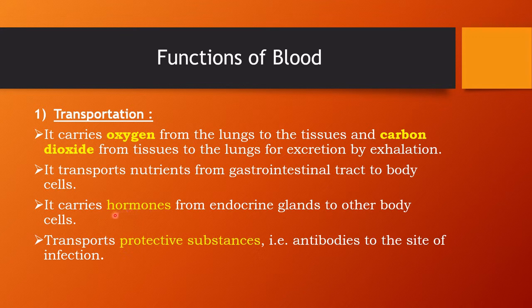Hormones secreted by endocrine glands will be taken up by blood and transferred to other body cells for their function. It also transports protective substances, that is antibodies, to the site of infection.